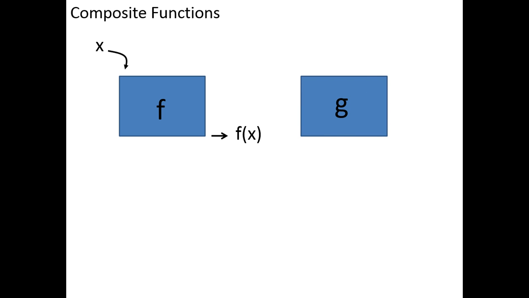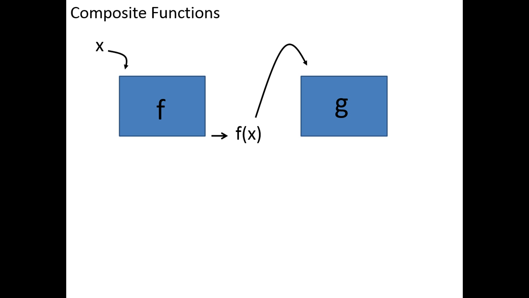Composite functions are slightly more complicated in that instead of simply having one function machine, we have more than one function machine. And we're going to be using two function machines at the same time. So here's how that works. Let's say we have a function called f, and we put some values into that function and get some values back out.